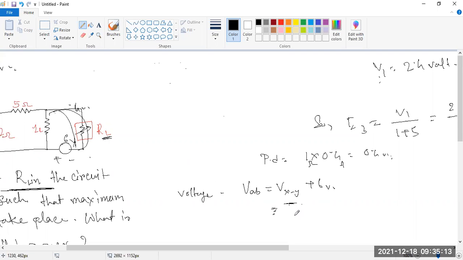So this Vxy is 0.4 volt, which you have determined just now. And this 6 ohm resistance, whenever you connect it, then it will be added. So this is 6.4 volt. That is the ultimate VOC.